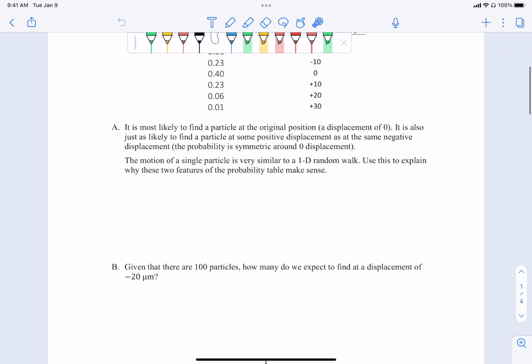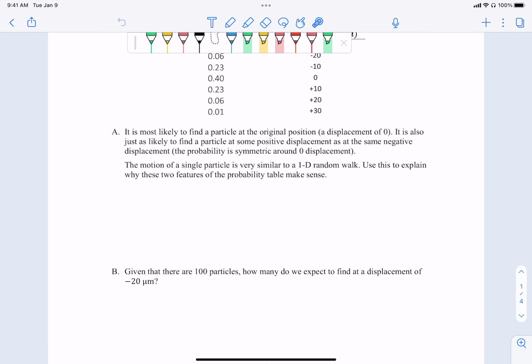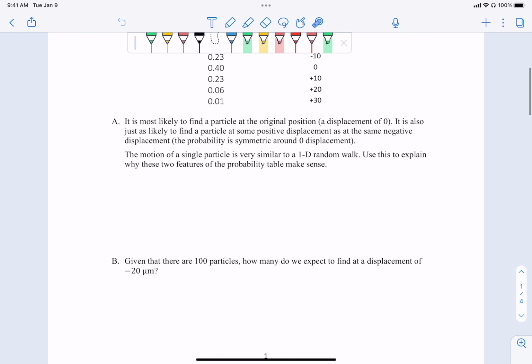The motion of a single particle is very similar to a 1D random walk. Use this to explain why these two features of the probability table make sense. So we know the concept of random walk is where your steps left or right are generally going to be equal probability.